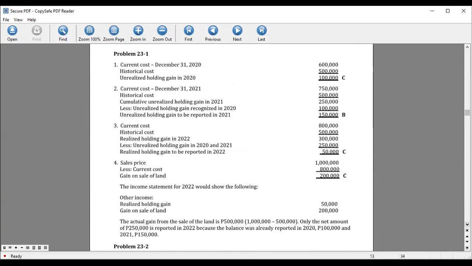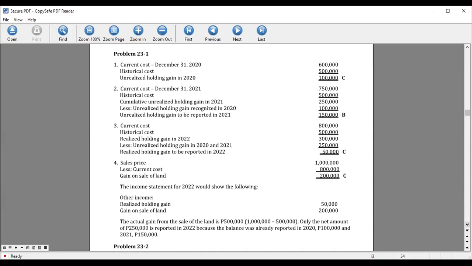Now, what are the questions considering that we have 4 items: the unrealized holding gain to be reported in 2021, the realized holding gain to be reported in 2022, and what's the gain on the sale of land to be reported in 2022. So in 23, in number one, we have the unrealized holding gain equal to 100,000.